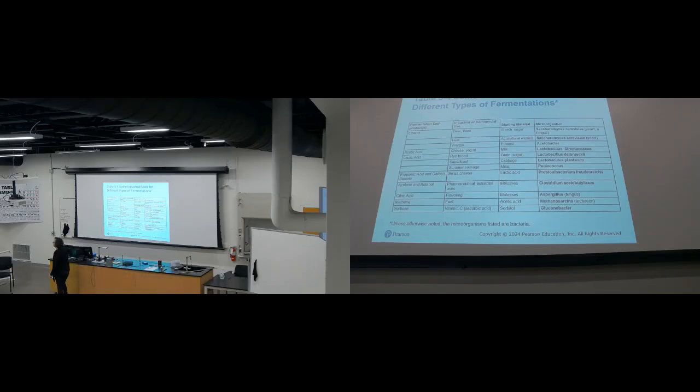Archaea, like Methanosarcina, as it ferments acetic acid, can produce methane, which is a fuel, methane gas. Propionibacterium freudenreichii, out of lactic acid, can produce propionic acid and carbon dioxide.